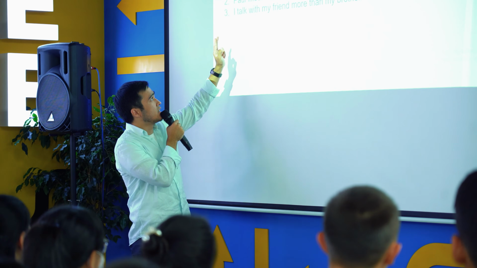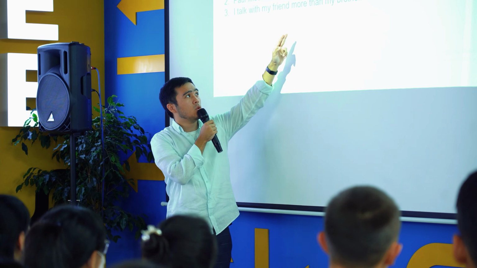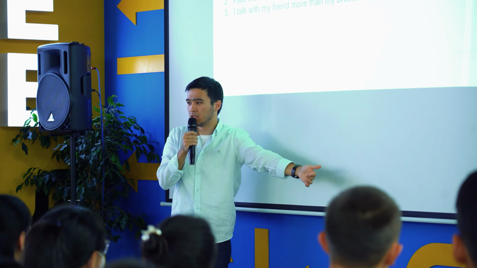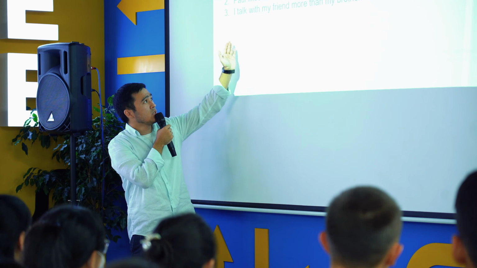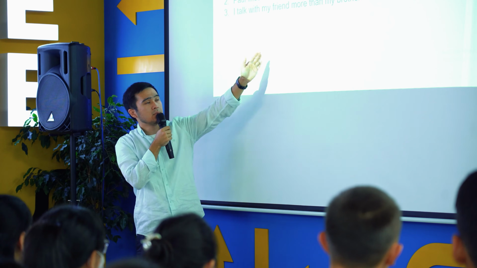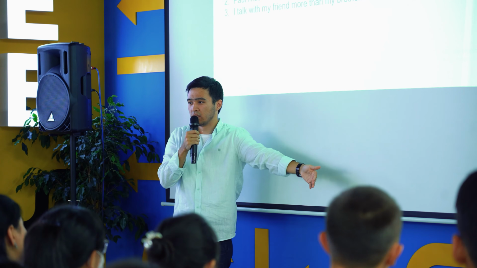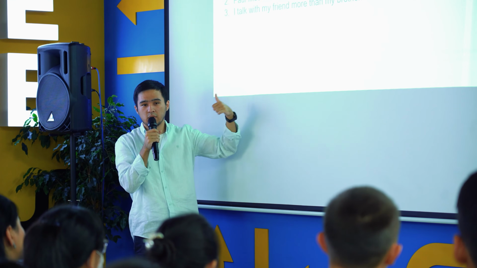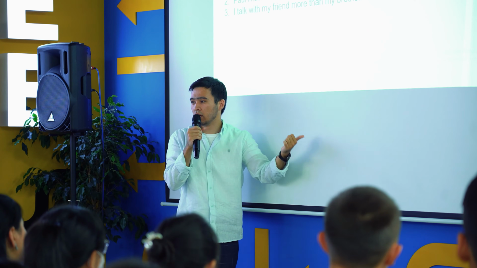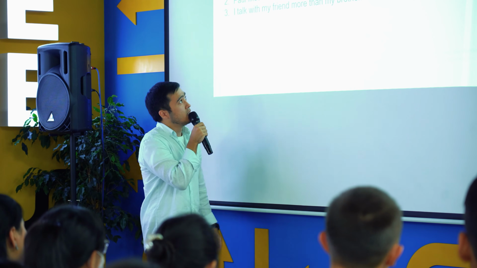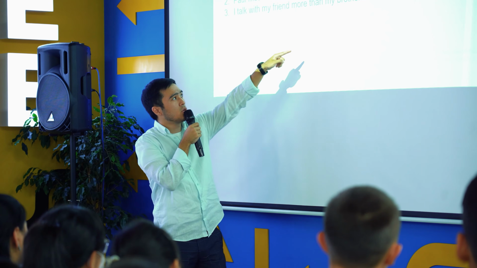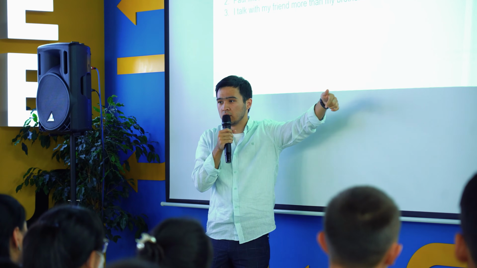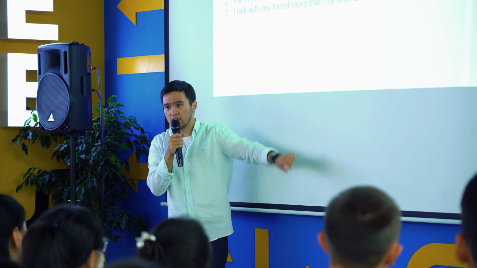The first meaning is I talk with my friend more than I talk with my brother. That's the first meaning. And second meaning is I talk with my friend more than my brother talks with my friend. All right? So this sentence now is incomplete comparison, unparalleled comparison. Okay? So the correct version would be I talk with my friend more than my brother does. My brother does talk. Okay?